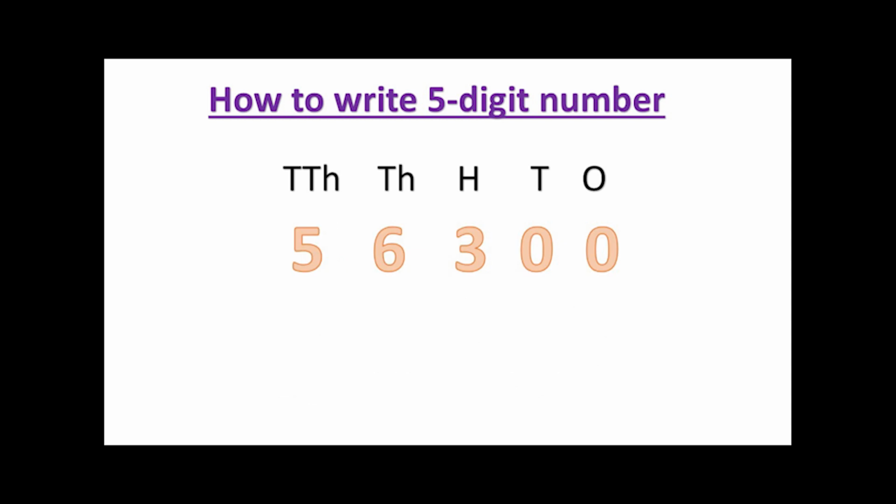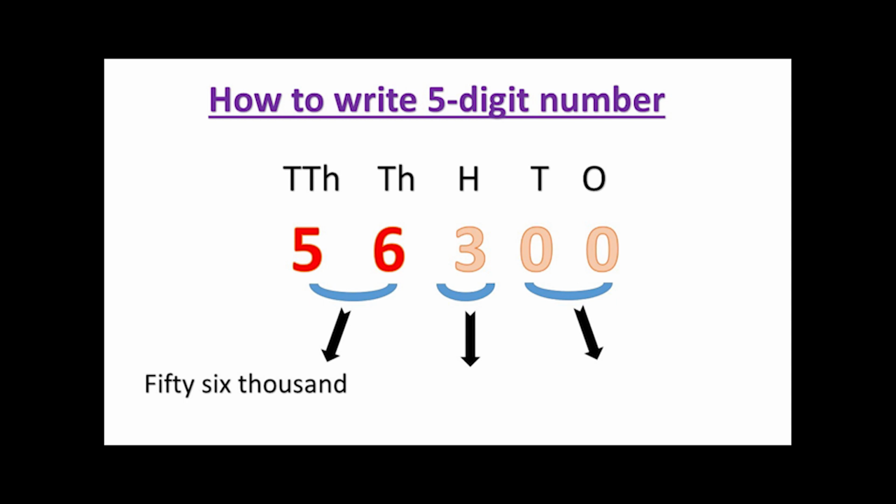Now, students, can you tell me the number name of this number? Well, now I can take the thousands and 10,000s place together, and the hundreds place and the tens and ones place together. So write in words 56,000.